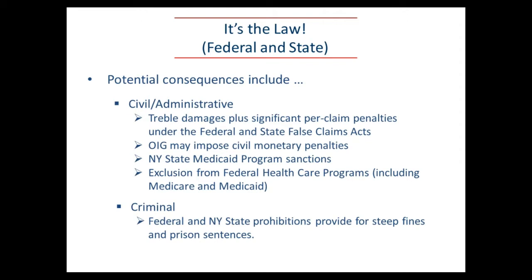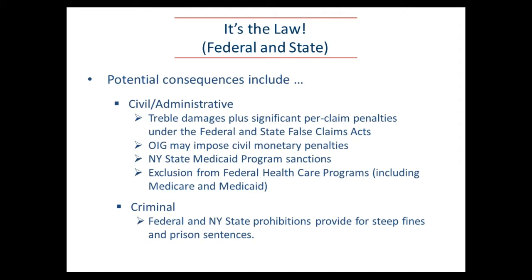So from the civil standpoint, they can include treble damages plus significant per claim penalties. That's under both the federal and state false claims acts. The federal OIG can impose civil monetary penalties. The New York State Medicaid program has its own sanctions.